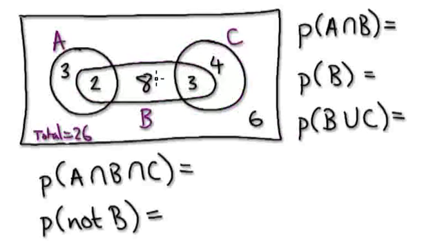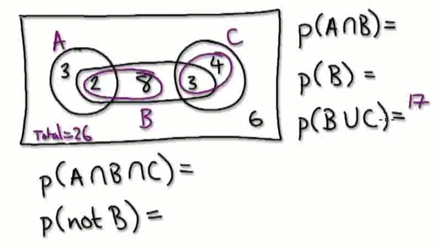Let's merge these two together, that's 10, and it's going to be 17. So B or C would be 17 over 26.